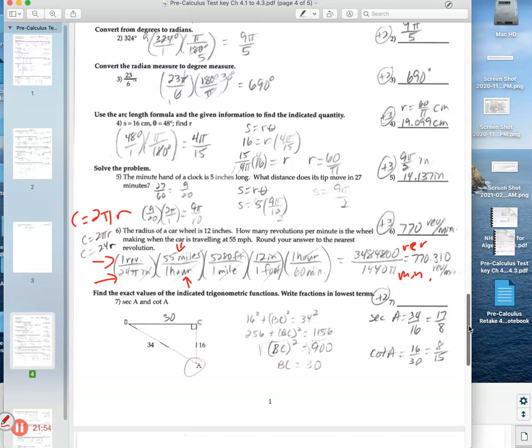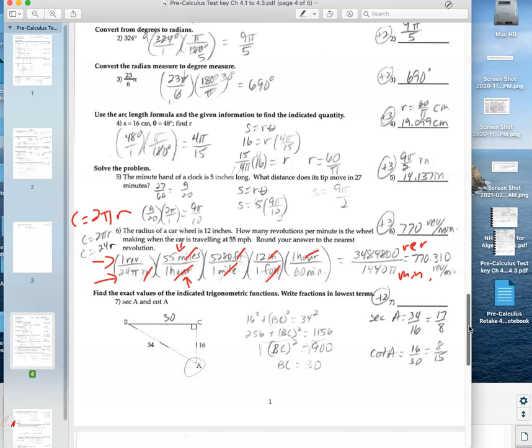So I have to use 5,280 feet in 1 mile to get these miles to cancel out. I have to use 12 inches in a foot to get the feet to cancel out. And then I have to use hours per minute to make sure that that's going to cancel out. So there's my inches canceling away as well. And that will give us revolutions per minute.